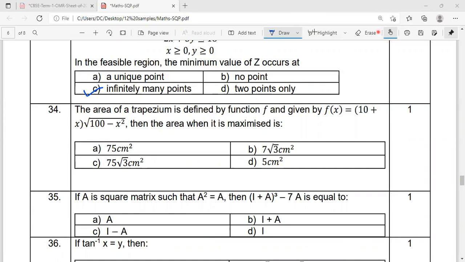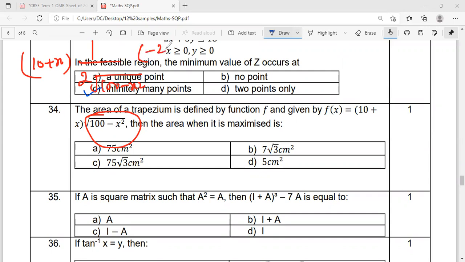find f dash x. See, f dash x for this one is, let me write f dash x on the left somewhere here. First means 10 plus x, derivative of second. Derivative of the square root function is 1 by 2 square root of 100 minus x square, and the chain rule you will apply.